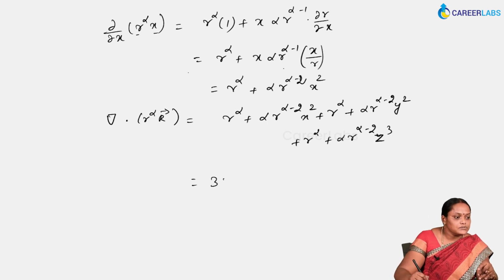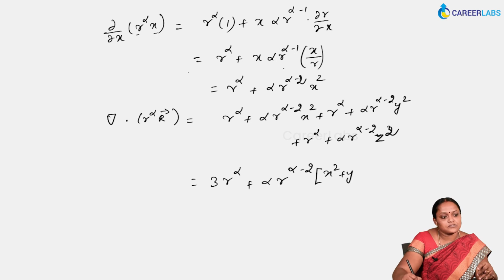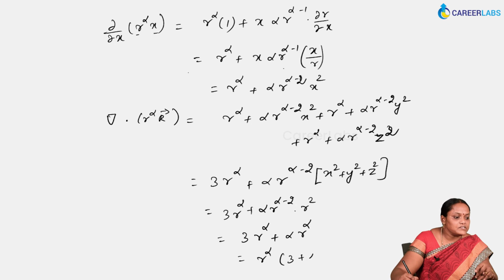Here this is going to give you 3r power alpha plus, if we take alpha r to the power alpha minus 2 as common, the remaining will be x square plus y square plus z square. So this is equivalent to 3r power alpha plus alpha r to the power alpha minus 2 into r square. This will give you 3r to the power alpha plus alpha into r to the power alpha. When you take r power alpha common, you will get 3 plus alpha.